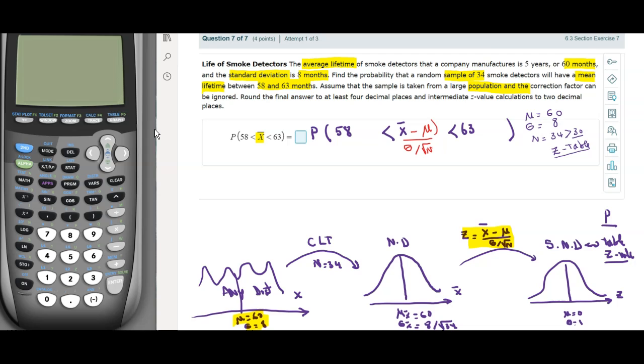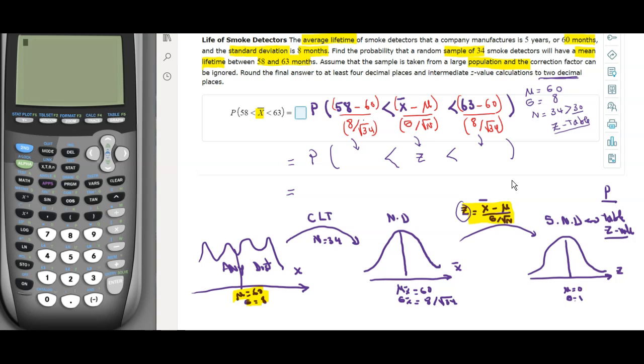You can put parentheses for the numerator and denominator. For the left side and the right side, instead of writing the Greek letter mu, we substitute the value: 60, minus 60, minus 60, and then divide by sigma, which is 8, divided by radical 34. We do this for the left side and the right side as well. Now we can plug everything into the calculator, and both values become z values.